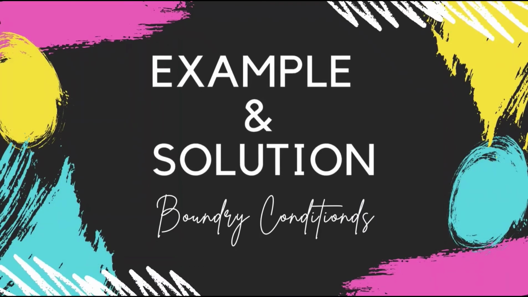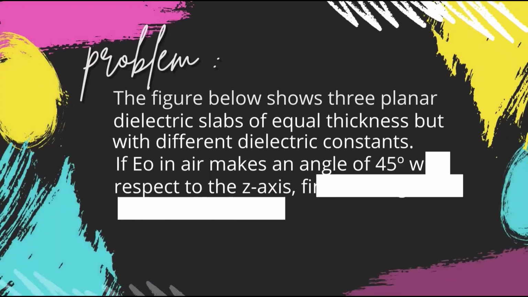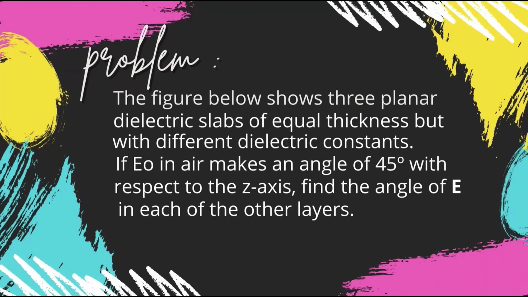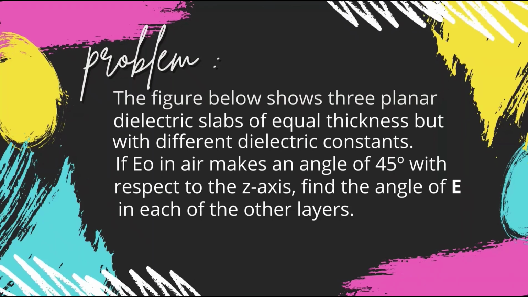Example and step-by-step solutions. The figure below shows three planar dielectric slabs of equal thickness with different dielectric constants. If E0 in air makes an angle of 45 degrees with respect to the Z-axis, find the angle of E in each of the other layers.